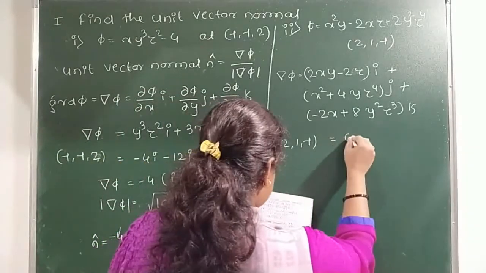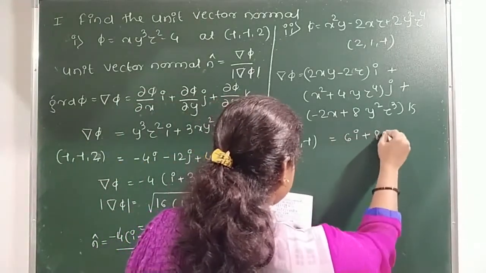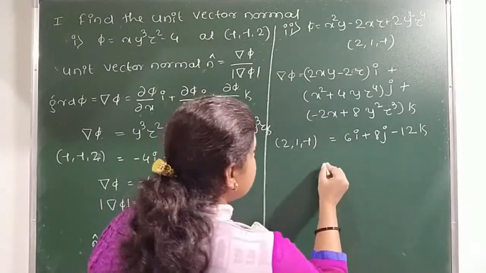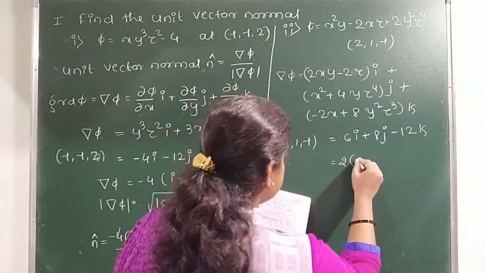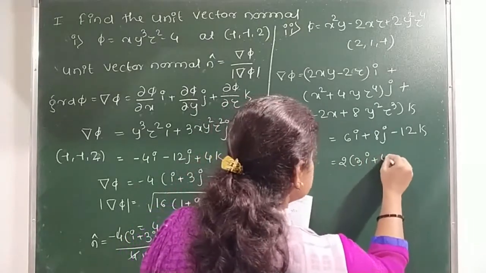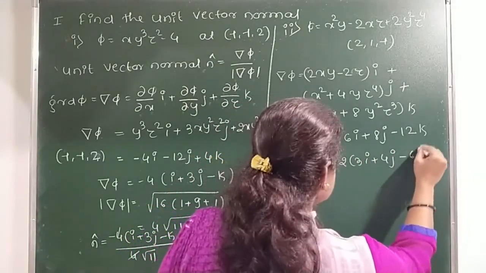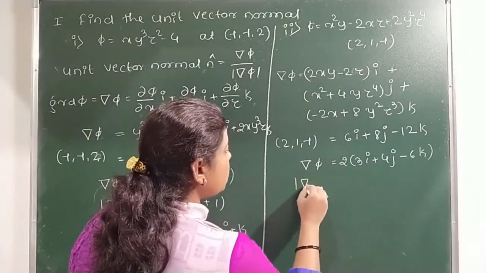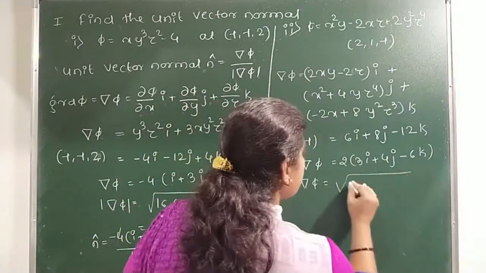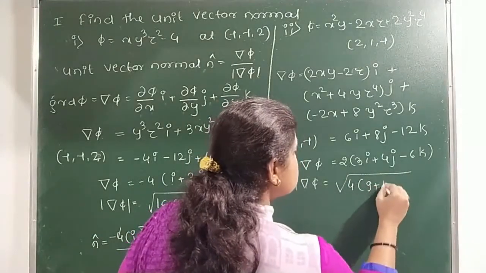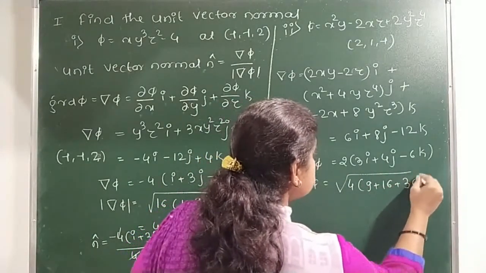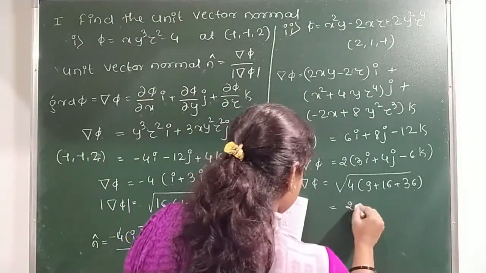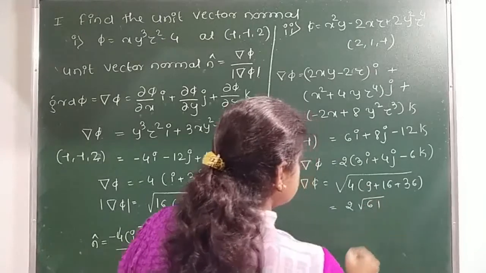This becomes 6i plus 8j minus 12k. After getting this, take 2 common: 3i plus 4j minus 6k. After getting del phi, apply the mod for this: square root of 9 plus 16 plus 36 is equal to 2 square root of 61.